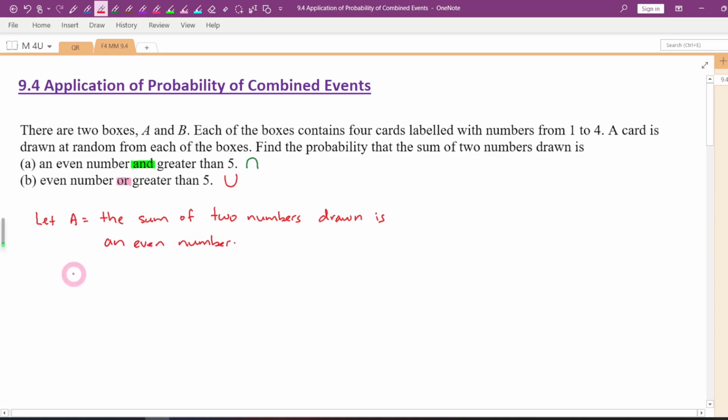Okay, so how about event B? Let event B be getting the two numbers which their sum is greater than 5. The sum of two numbers drawn is greater than 5.